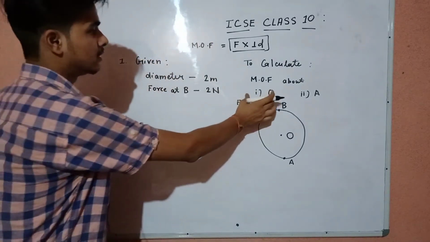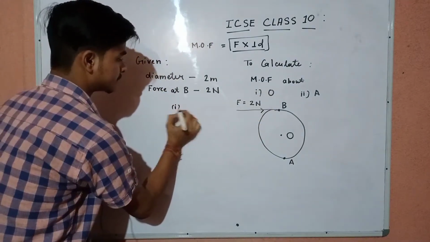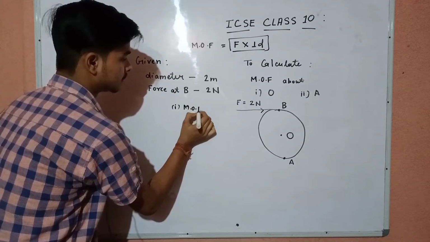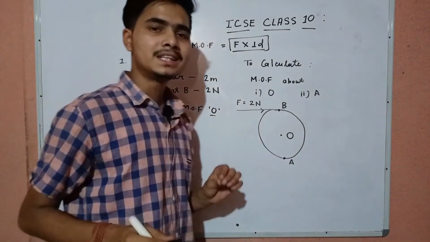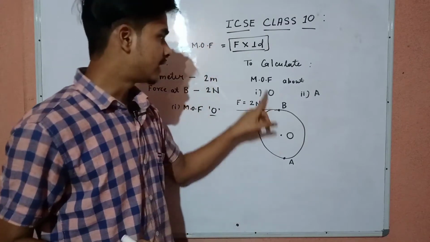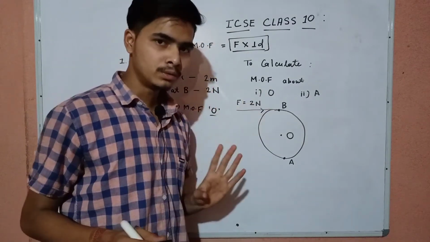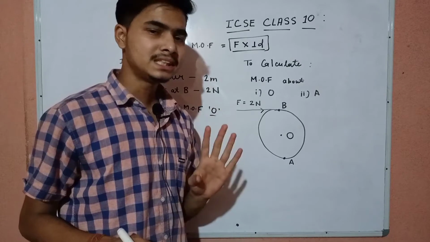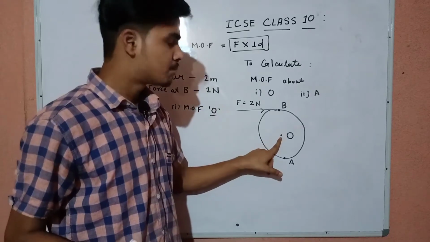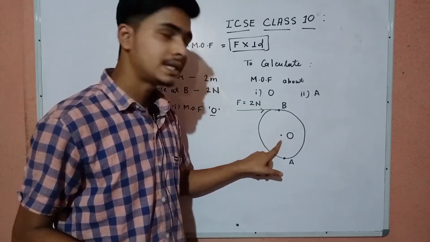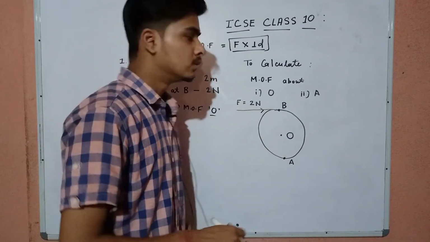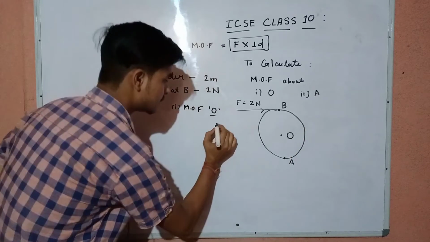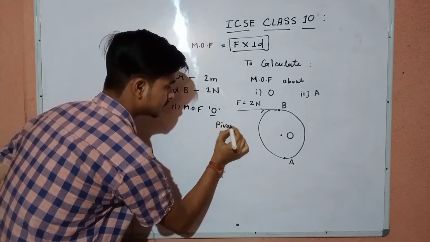First of all, we need to find the moment of force about the point O. What does it mean when I say find moment of force about point O? The simple meaning is that here our pivoted point is O. Do you know the importance of the word pivoted?